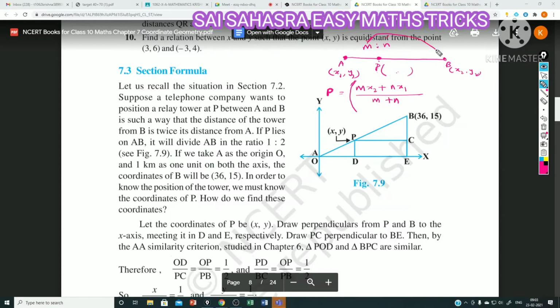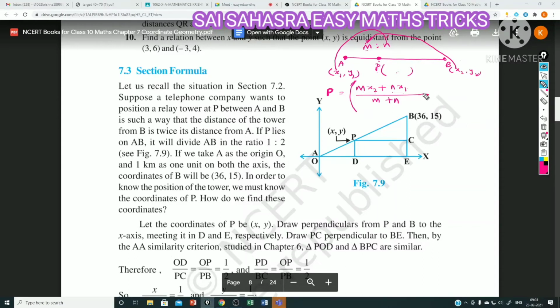So when you are writing the x coordinate, we should select only x coordinates. So m x2, n x1. So first m came with x2, n came with x1. Simple technique: m with the right side point, n with the left side point x coordinate, comma.